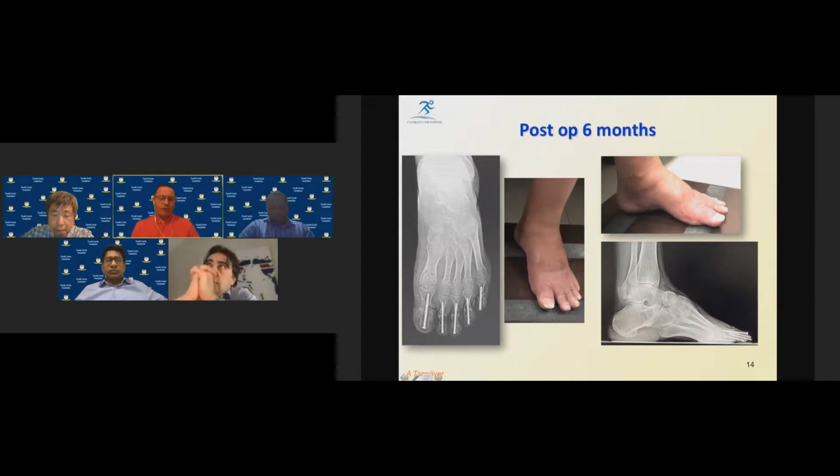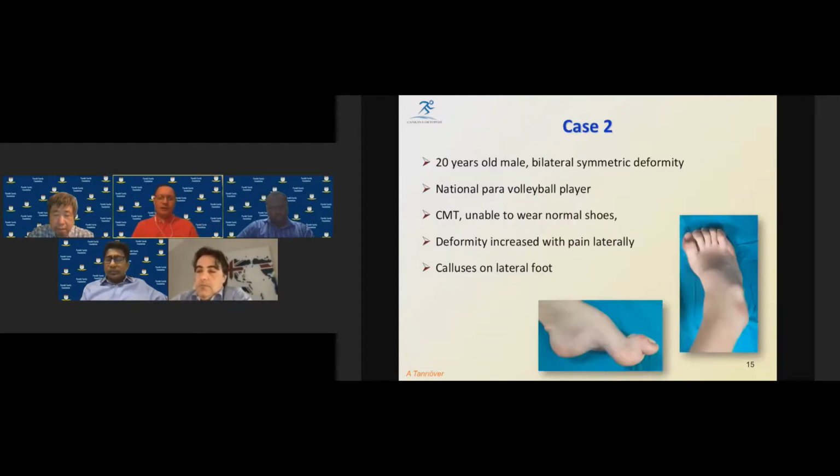So if you have a pretty plantigrade foot and a good stable tibiotalar joint, possibly playing with your tendons will allow you to have a happy patient. I did the same for the other side of this patient. This is the case. Looking at my second case, pretty much the same, but it's a more severe deformity.